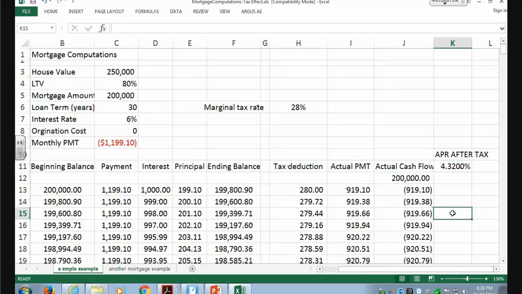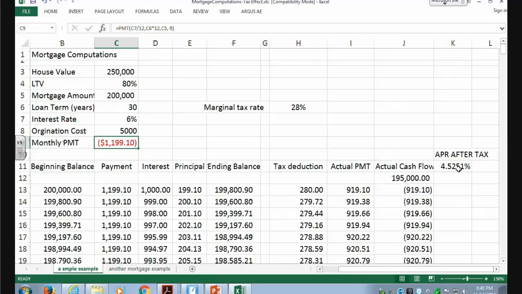If the origination cost is $5,000, your cost will be higher: instead of 4.32, it becomes 4.52. The origination cost is tax deductible, so it boosts your annual cost.